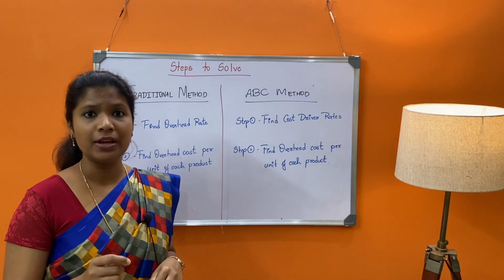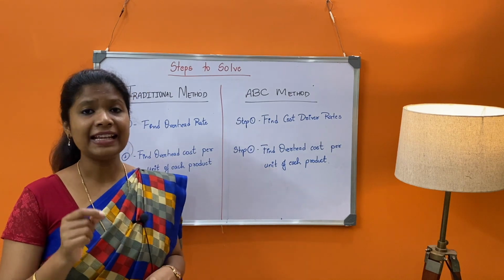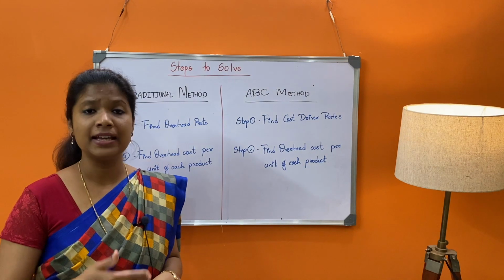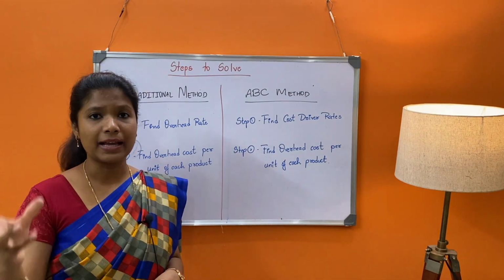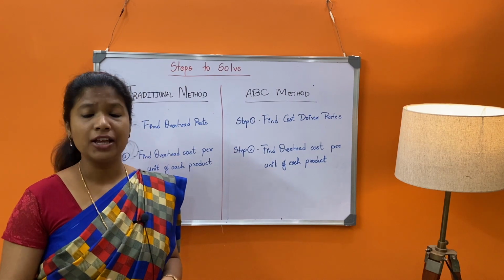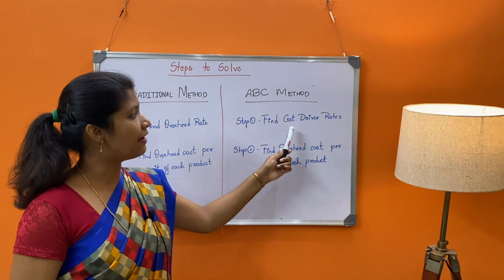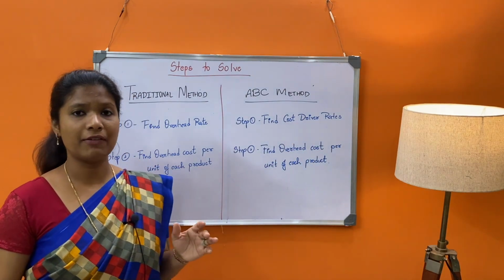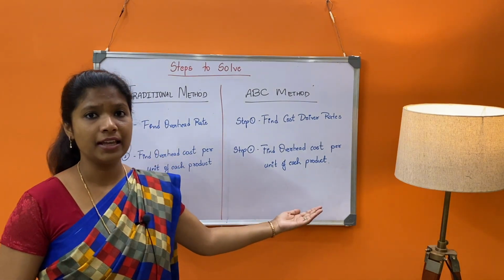Why is it so? I already explained to you, because we are taking cost into consideration with the number of activities. The product has to go through n number of activities to become a finished product. So based on how many activities the product has gone through, we're going to have that many cost driver rates. Hope you have understood both the steps, under the traditional method and under the ABC method of costing.